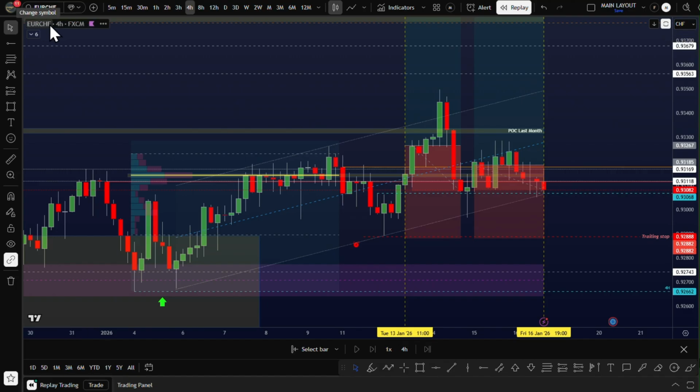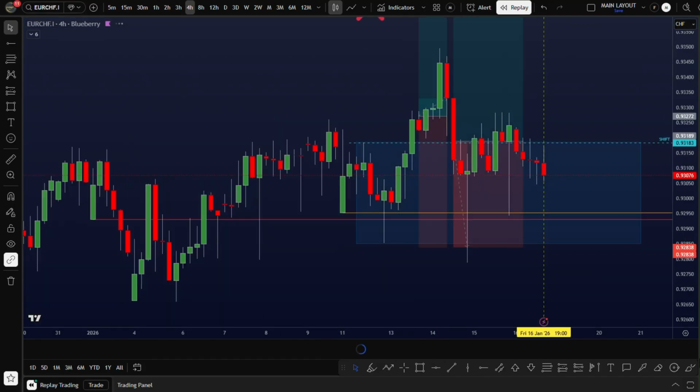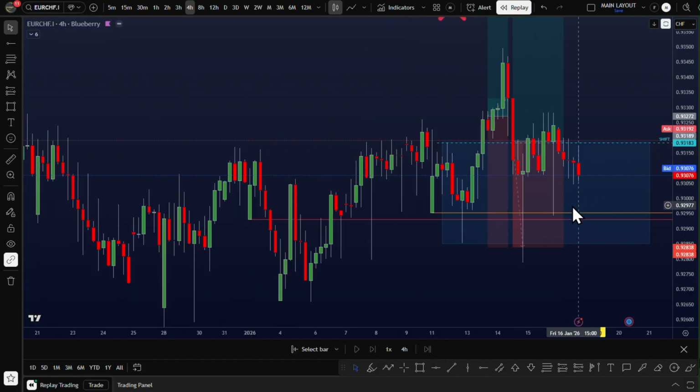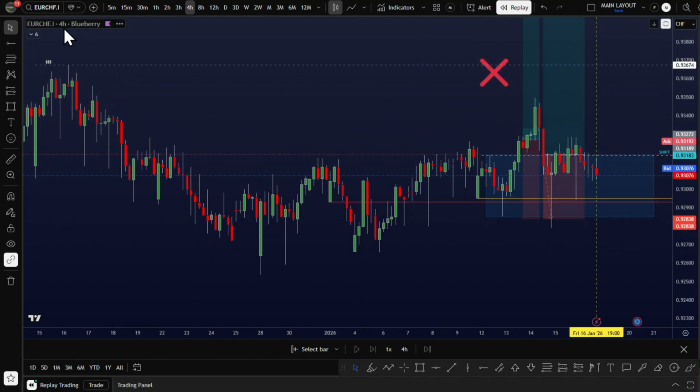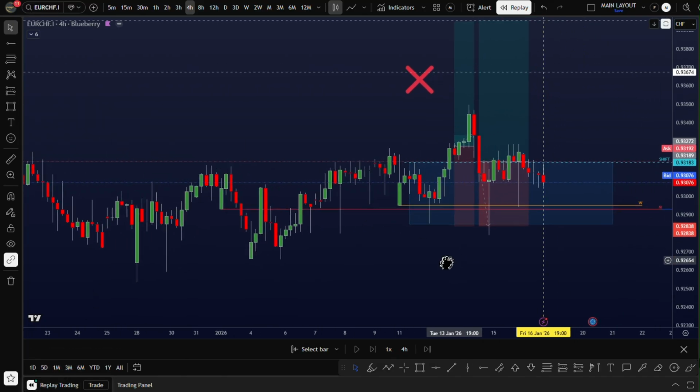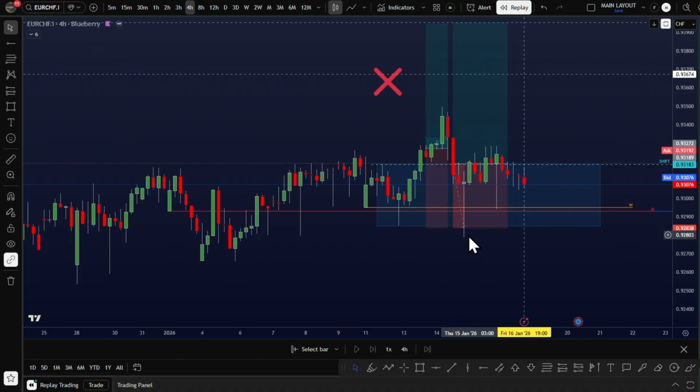I analyzed my trade on this instrument from the FXCM quotation, and I put my execution on EuroCHF.I, which is the instrument available for my Blueberry broker, the broker I use to trade. So, as I said, I got stopped out of this trade because of the manipulation.